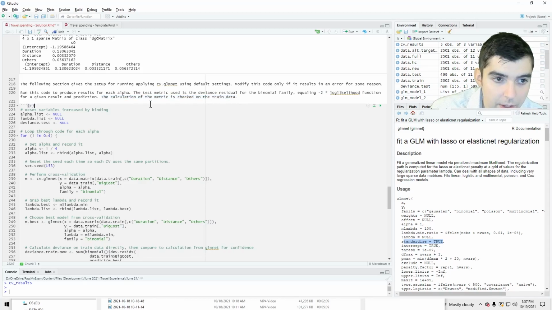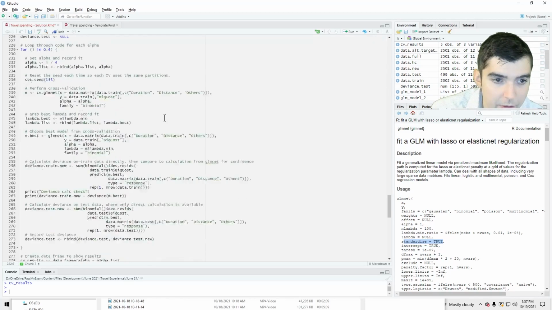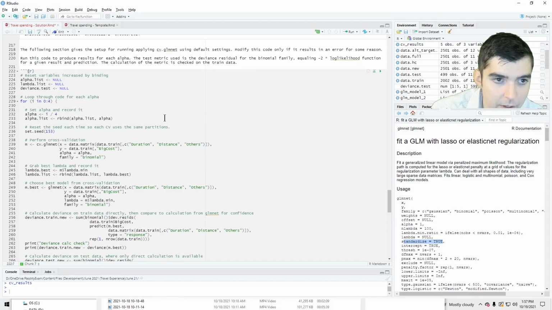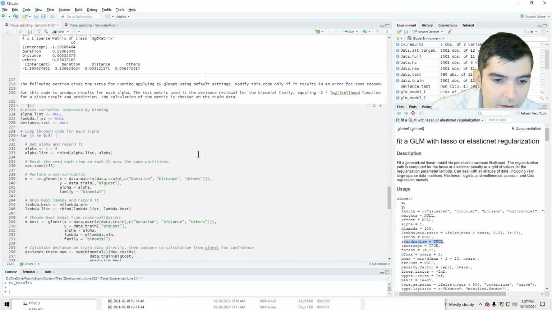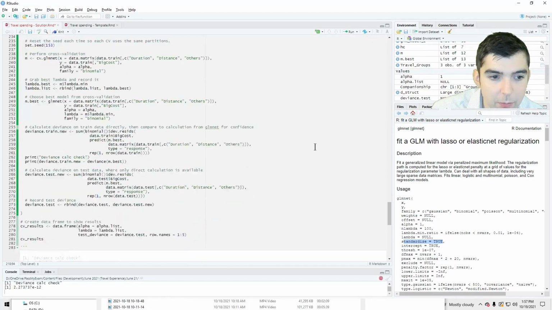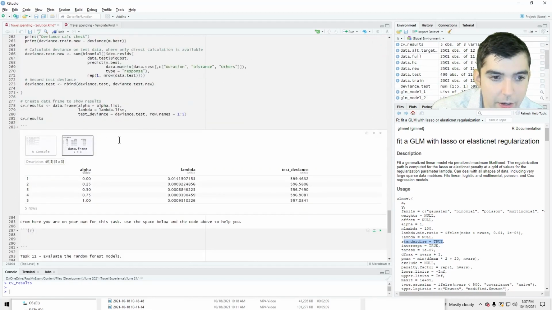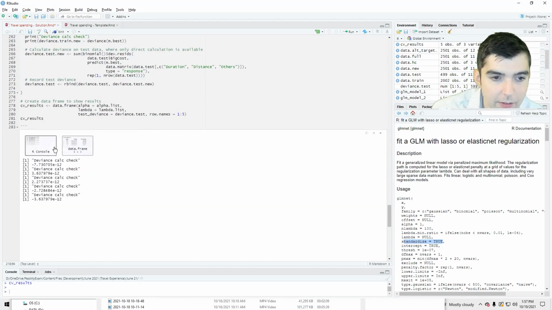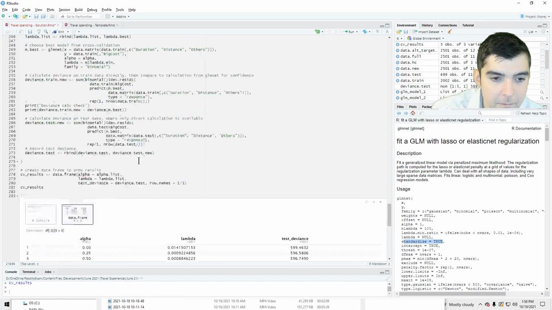Okay, and then there's all this code. Now, the first thing you want to say is, do you have to make any changes? They say only modify it if there's some error. So if everything goes well, there are no errors. Perfect. And then it just gives you this output.